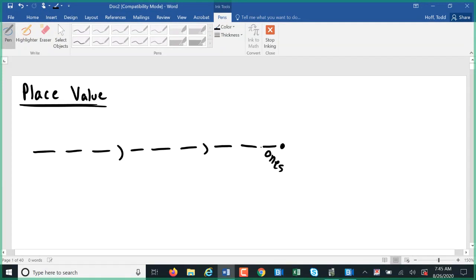So our place value, starting at the decimal point or the end of the number and working backwards, we have ones, tens, and hundreds. And those are the only three place values, and they repeat over and over again. Ones, tens, and hundreds, and ones, tens, and hundreds again.